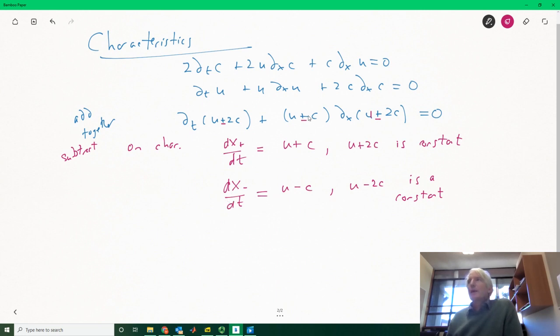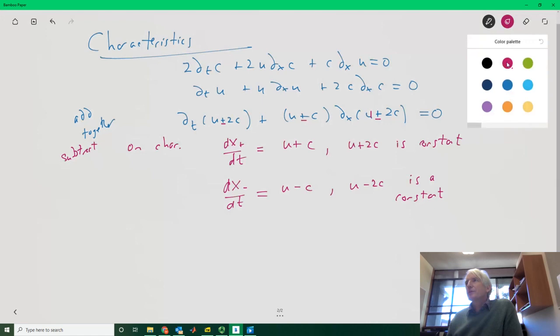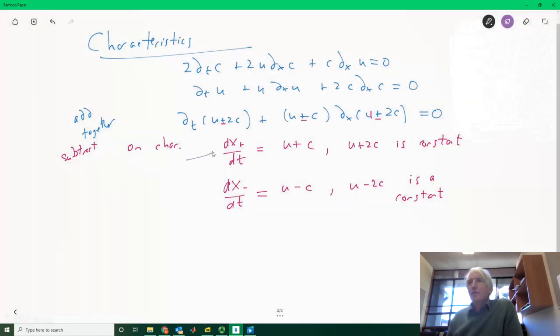So we introduce some notation here just to help us out. We call the curve that solves that equation C+, and we call this curve here C-. And we call this invariant, this constant, R+, and this constant R-.